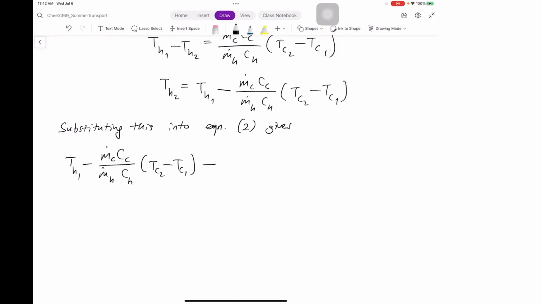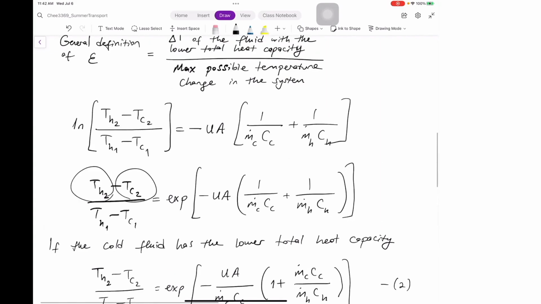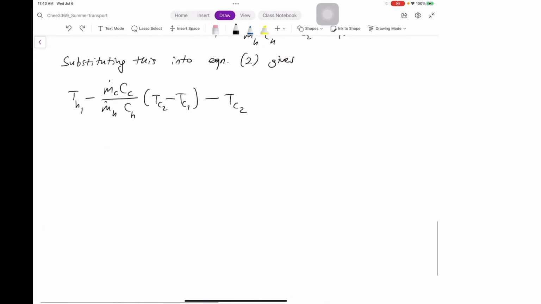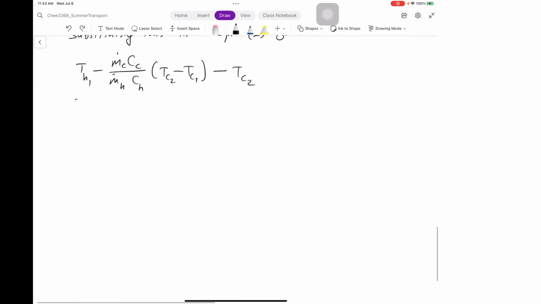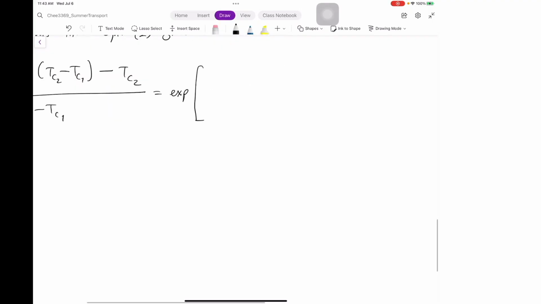That's the T_hot2 minus T_cold2. So I'm writing actually this minus this, divided by T_hot1 minus T_cold1, is equal to exponential negative UA over m_c·C_c, 1 plus m_c·C_c over m_hot·C_hot. Okay.